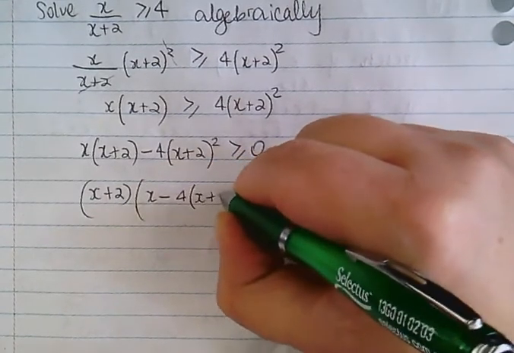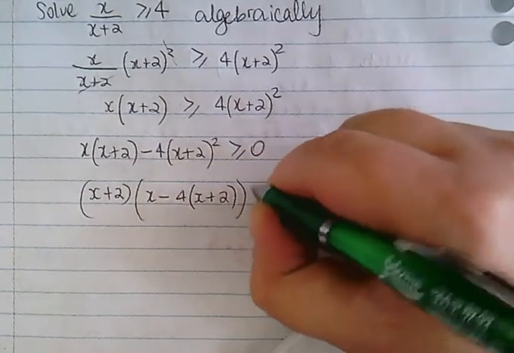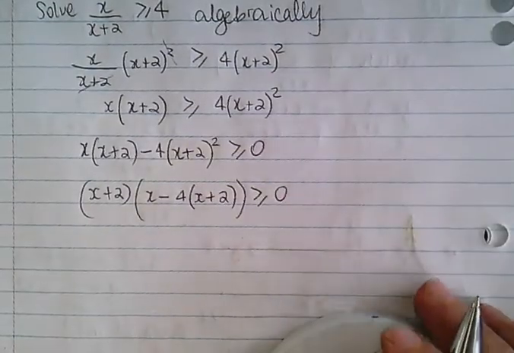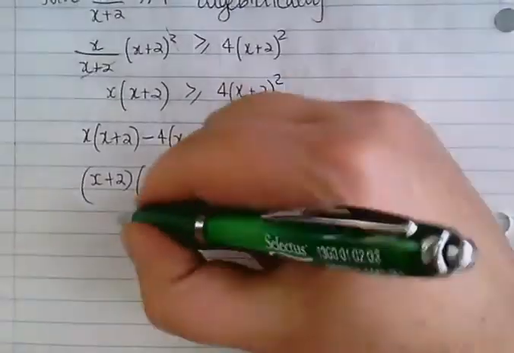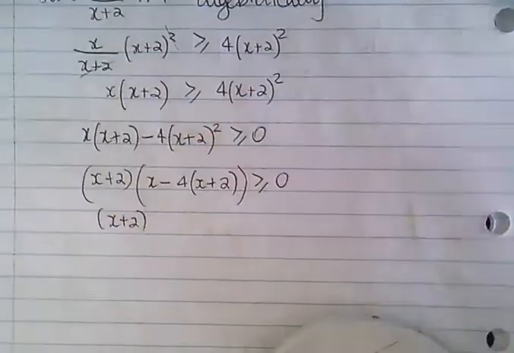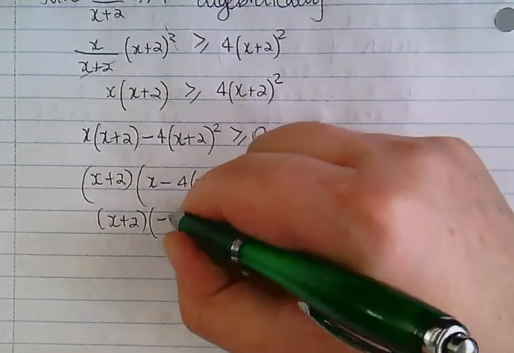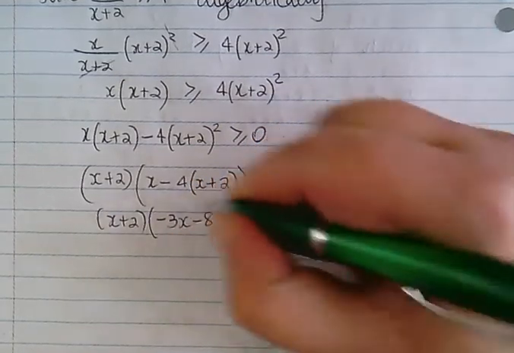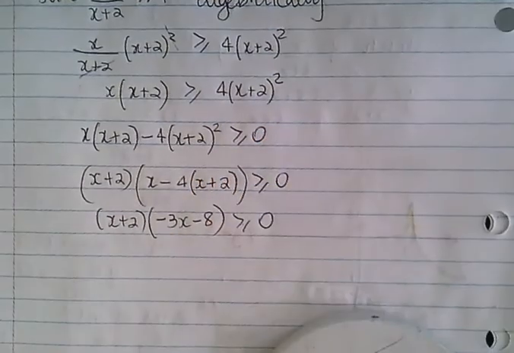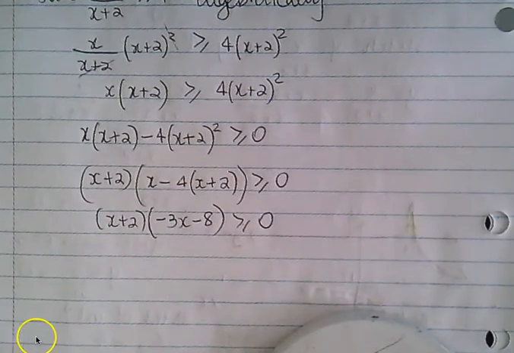Sorry, no, it's not a polynomial, it's just a quadratic. Simplifying, x minus 4x minus 8. What do you get? Negative 3x minus 8.